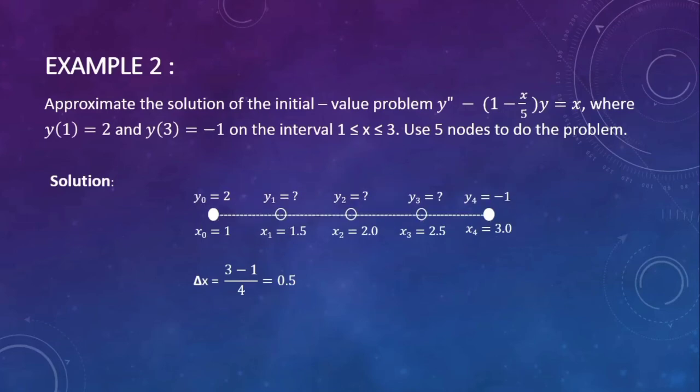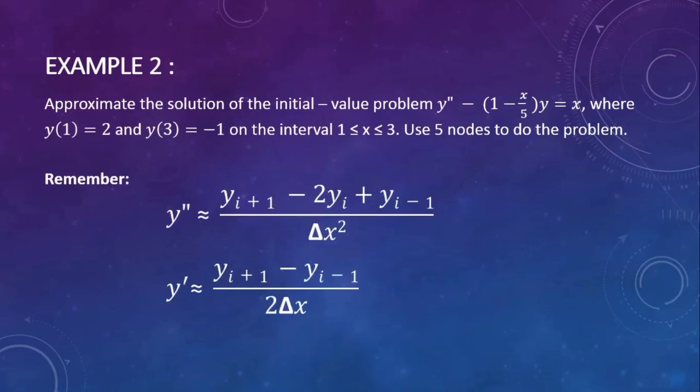So we add 1 plus 0.5, that is 1.5, plus 0.5, 2, plus 0.5, 2.5, plus 0.5, that is 3. So we have to remember that the equivalent of y second derivative is equals to y sub I plus 1 minus 2 y sub I plus y sub I minus 1 over delta x squared.